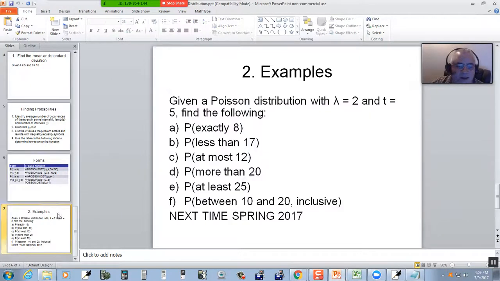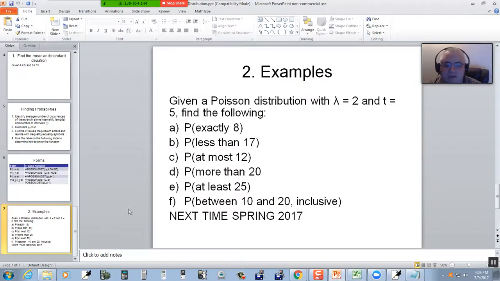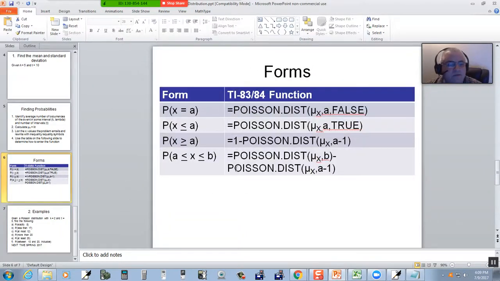Now the between case. So between 10 and 20. That's going to be 10 is less than or equal to x is less than or equal to 20. So this is going to be our A, and this is going to be our B. That's from this notation here.